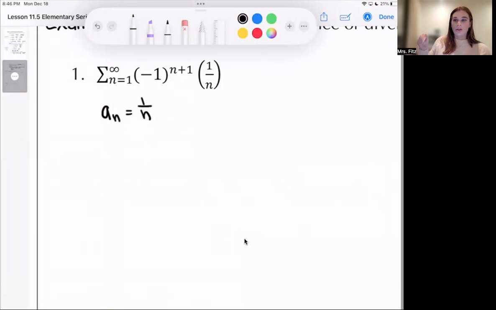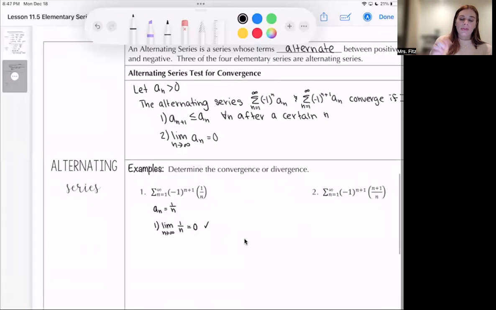That's the non-alternating part. So number 1, we can take the limit as n approaches infinity of 1 over n, which equals 0. And that satisfies the second condition, right? The limit as n approaches infinity of a sub n does equal 0.